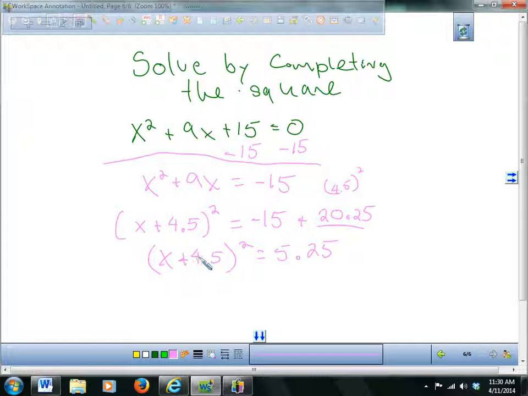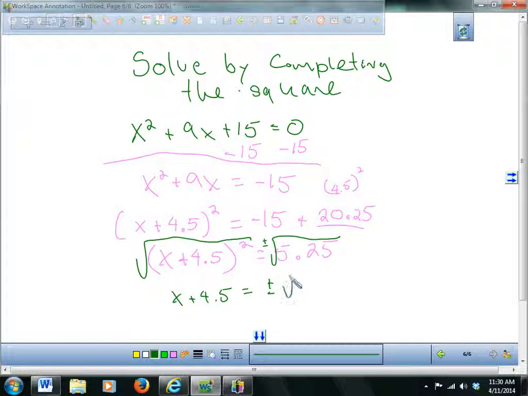And then I square root both sides. Remember, you have a plus half and a minus half. So I have x plus 4.5 equals plus or minus the square root of 5.25. Oh no, it doesn't come out nice.